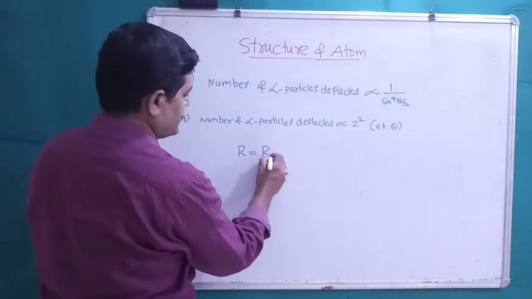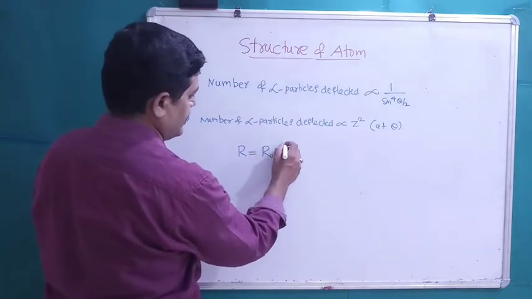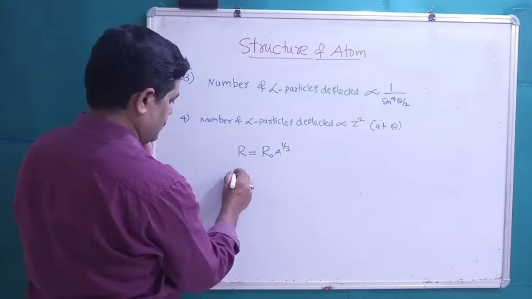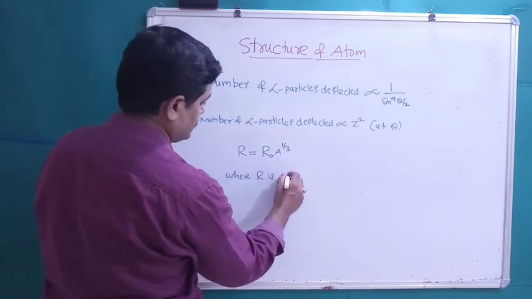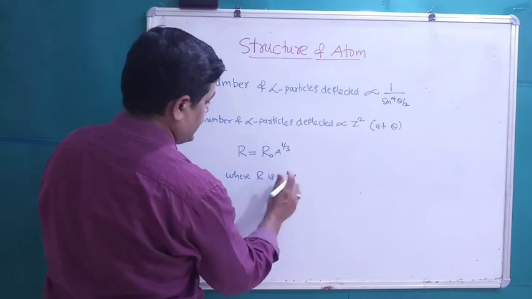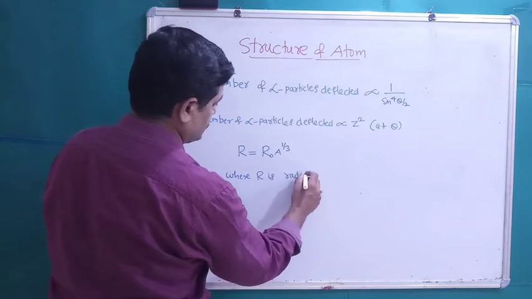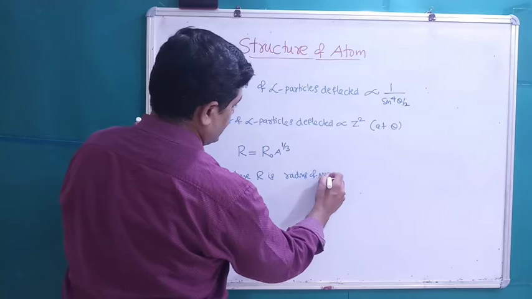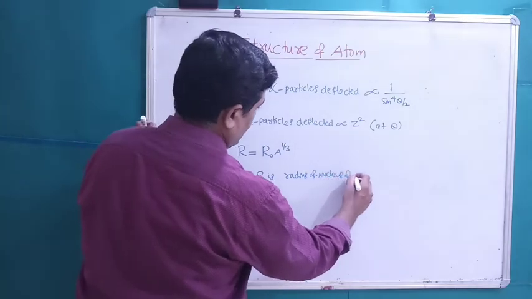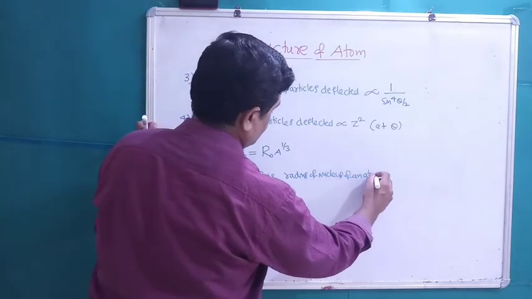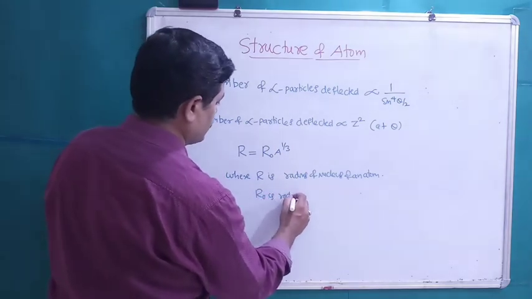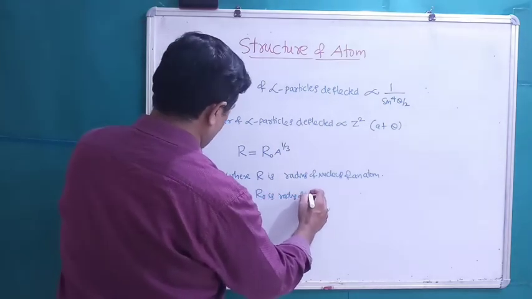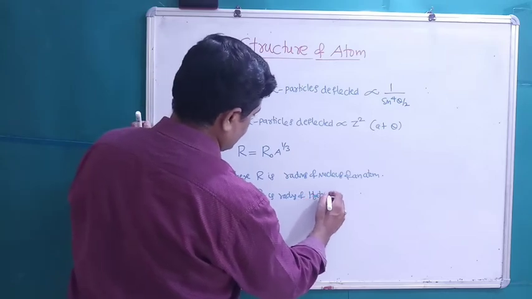R naught into A power 1 by 3, where capital R is the radius of the nucleus of an atom, R naught is the radius of hydrogen nucleus.